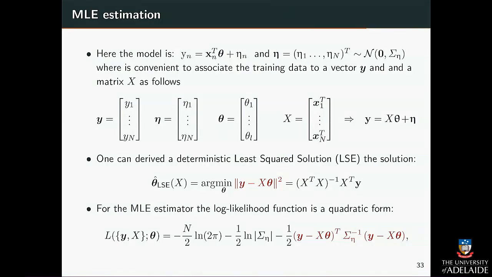I'm assuming that it can be tall, so that I have more observations than the number of unknowns in theta. And so this is also called the pseudo-inverse, right? It essentially projects first on the column space of x, and then takes this transformation that essentially normalizes everything.